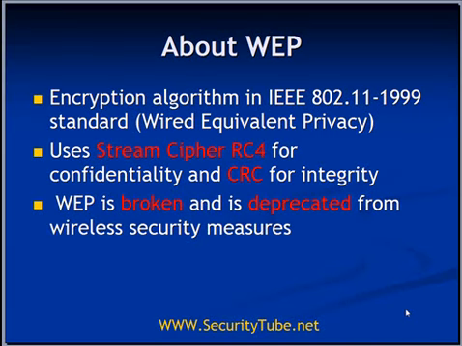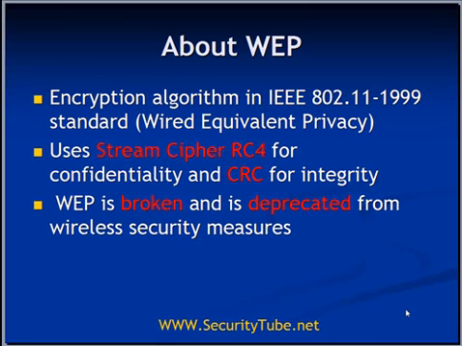Wired Equivalent Privacy is mentioned in the IEEE 802.11 September 99 standard, and this was the only encryption algorithm mentioned in the IEEE 802.11 99 standard. WEP uses the stream cipher RC4 for confidentiality, and it uses the CRC32 function for integrity. So the actual encryption will be done with stream cipher RC4, and for maintaining the integrity of the message, CRC32 will be used.